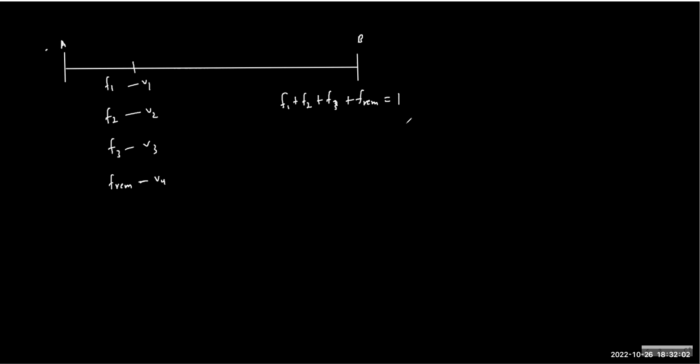Yes, sir. So the remaining is always 1 minus the fractions which you have known till this point. Okay. So this is how you can do it. And what I'm saying is that you travel the first F1 fraction with V1, F2 fraction with V2, F3 with V3, and so on.